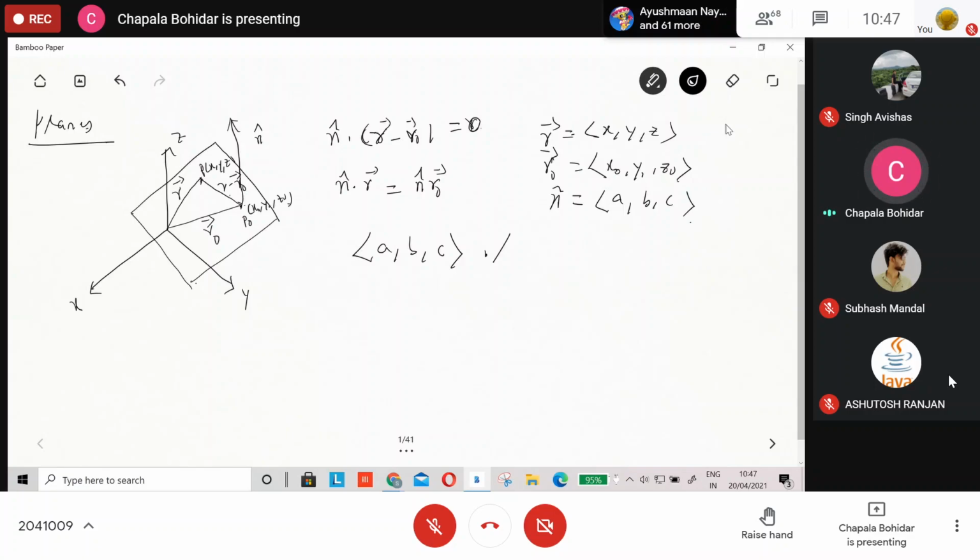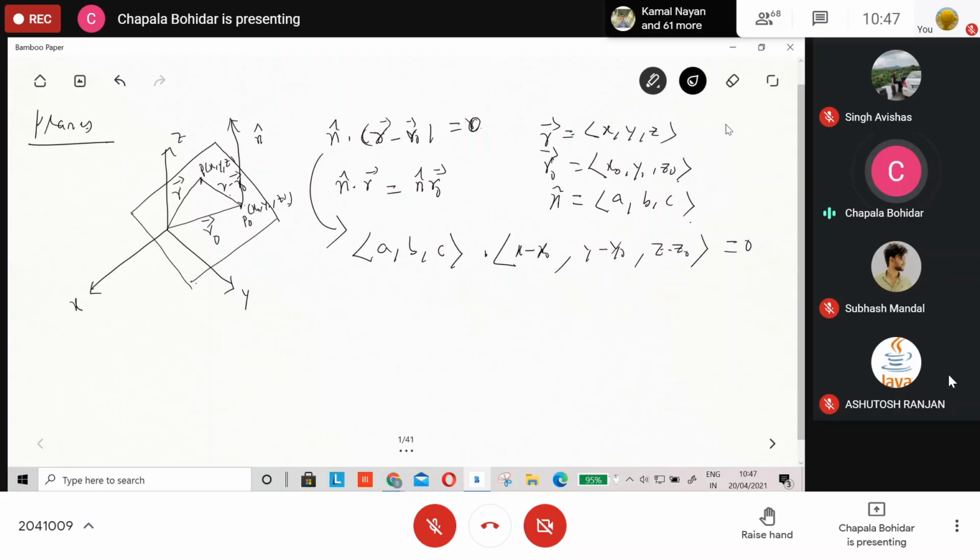That is, I can write x minus x0, y minus y0, z minus z0 is equal to 0. I can write this equation in this form. Yes or no? Yes, ma'am.